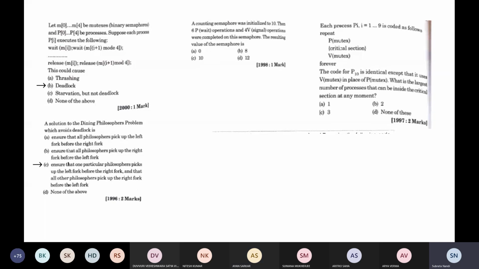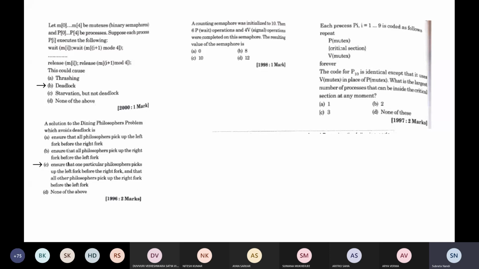So the value of the integer variable in that semaphore may take any number. It can be 5, 10, 20, 30. There is no limit. The semaphore only says that it should be a non-negative value, and the minimum value can be 0. Now we know that in every P operation, if there is a wait, it basically decrements the count.